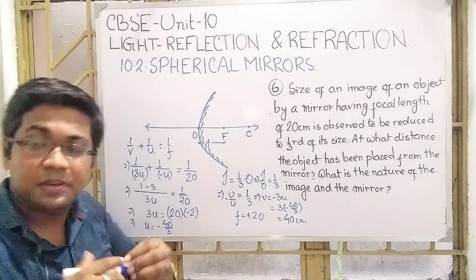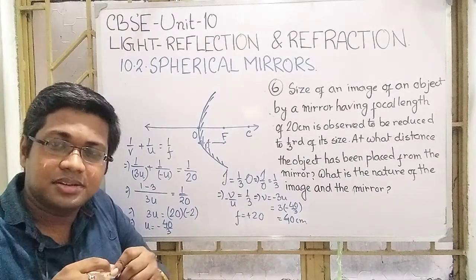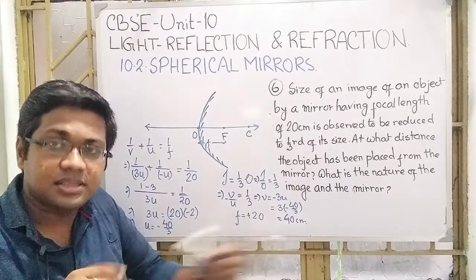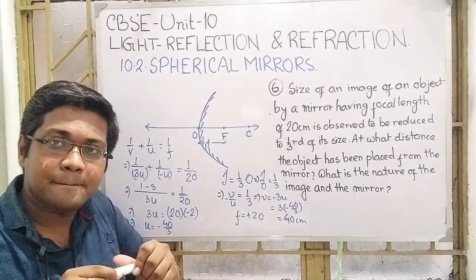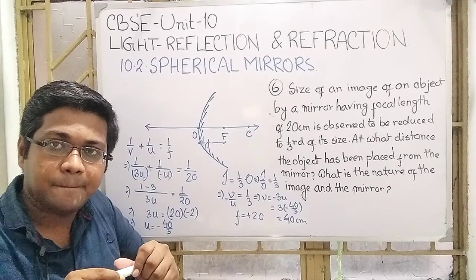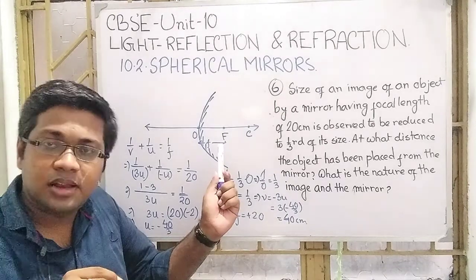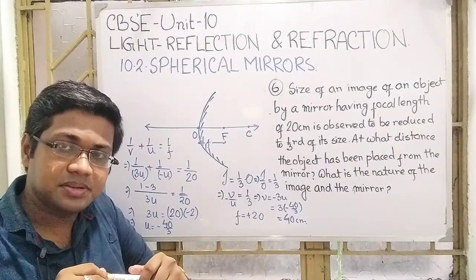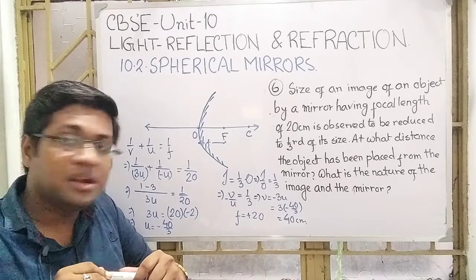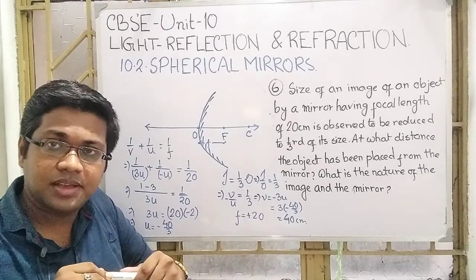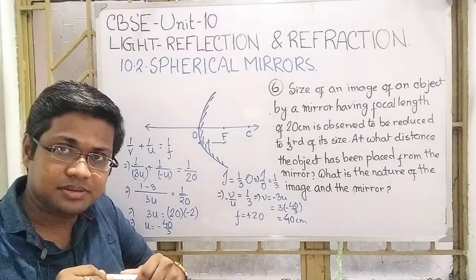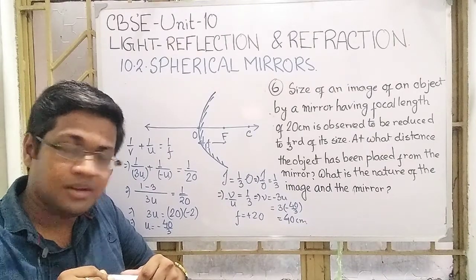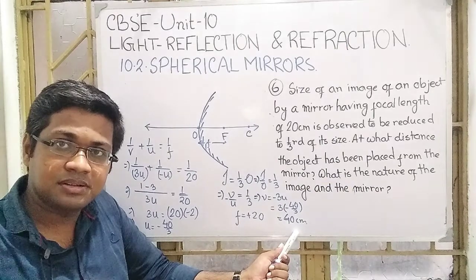Now just think, is this correct? What I have done here, is it correct? You tell me. What is the focal length of the convex mirror? 20 centimeter. What is the radius of curvature of the convex mirror? 40 centimeter. Where the image is formed at the center of curvature.